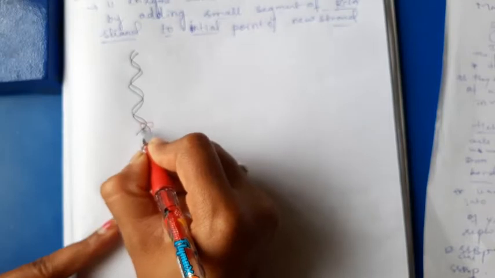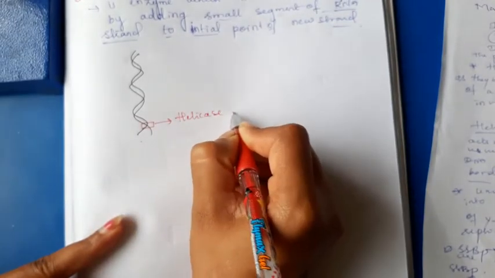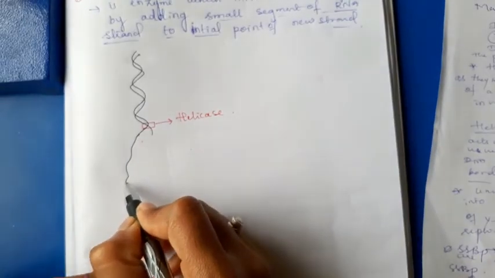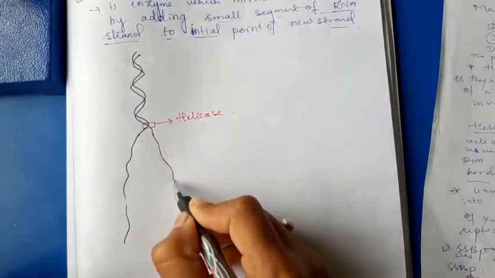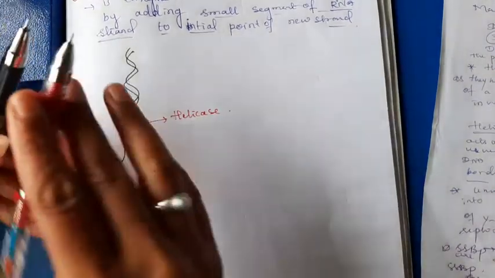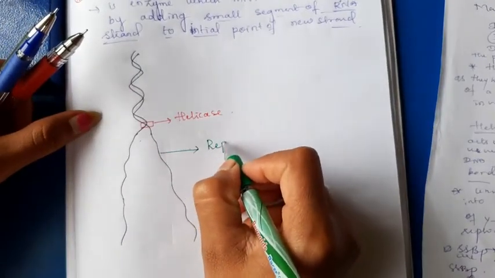This is the enzyme helicase, which makes the DNA strands separate. This structure is known as a replication fork.